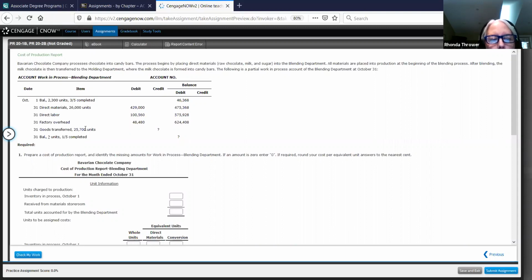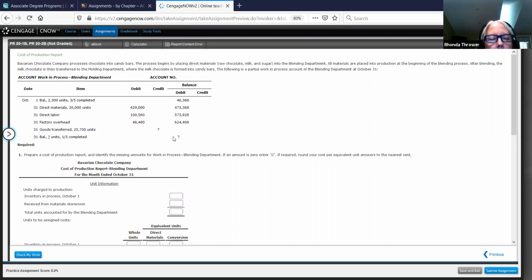The goods transferred again are your finished units for the month of October. What they did not give us was the cost of those finished units. We're going to find this in the cost of production report. And then when we know what we have transferred out, it will tell us what we have left over in ending inventory for our materials.